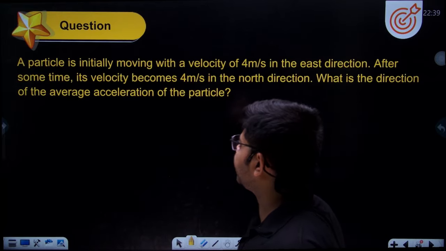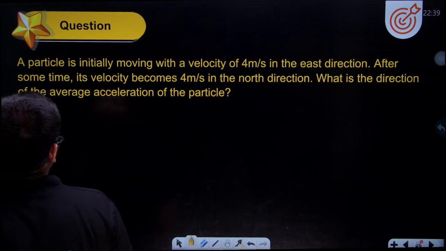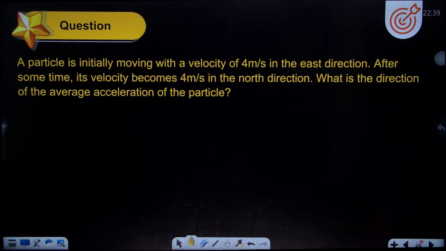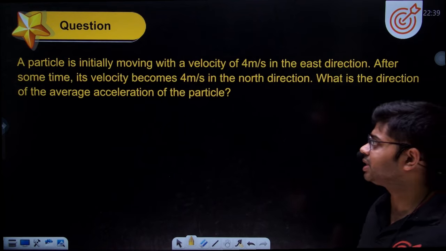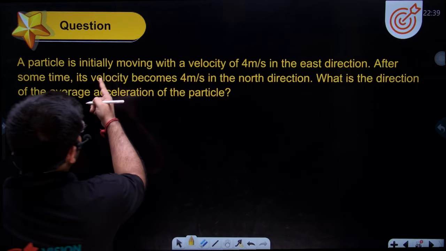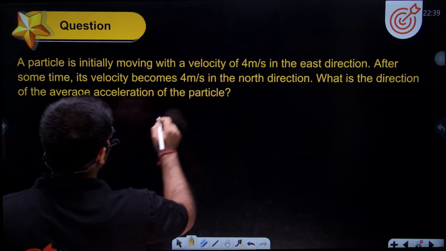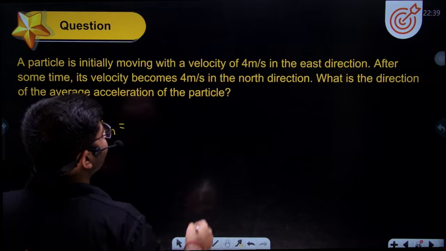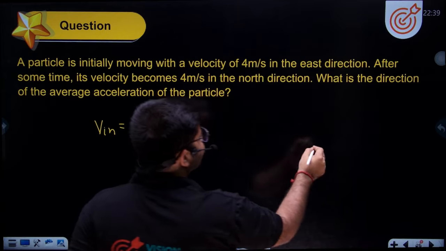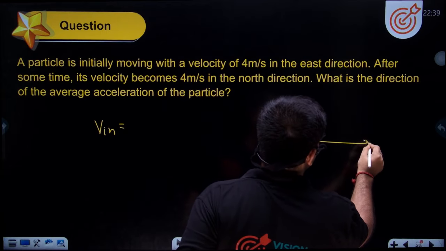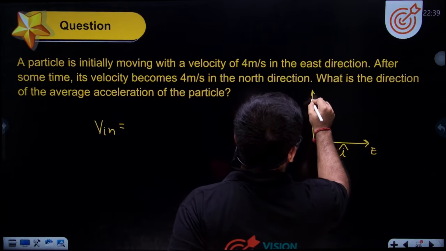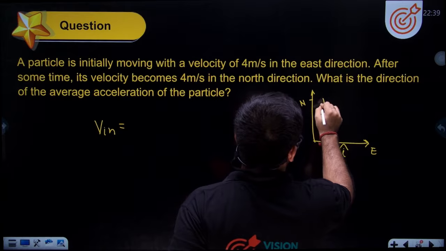Okay. Now they are asking about the direction of the average acceleration. Very, very easy if we follow this method vectorially. Initially it is moving with a velocity, so this is Vi, I'll just write. Suppose I am taking the east direction as i cap and the north direction as j cap.